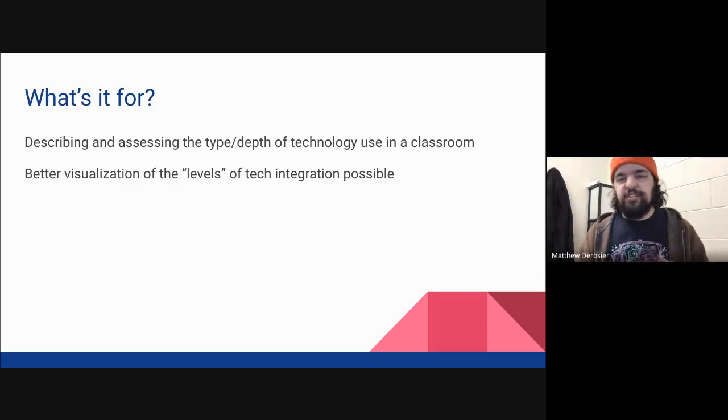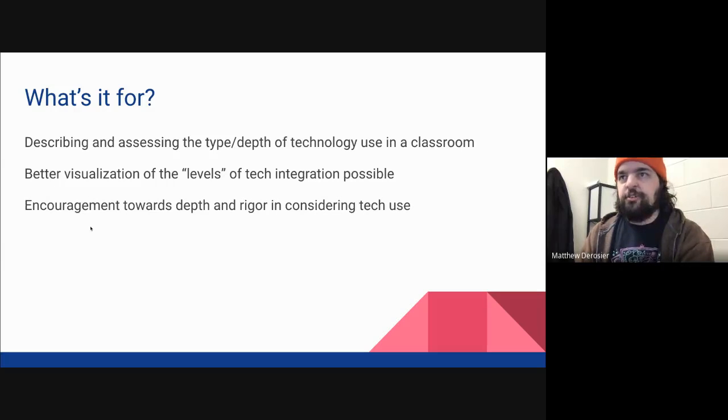Am I in the augmentation range when I could be modifying? Just having that conversation piece, that ability to take a critical look at what we're doing, is what the SAMR model assists with.